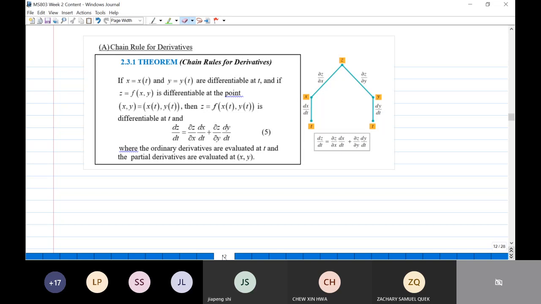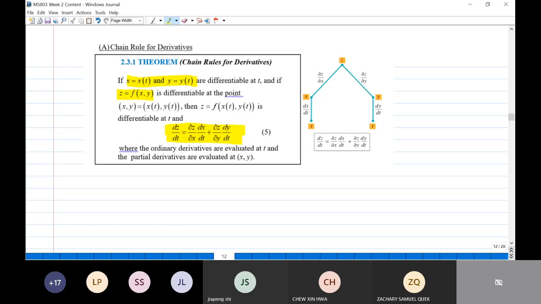This uses partial differentiation, and you can find the chain rule. This is the simple chain rule. z depends on x and y, x and y depend on time, then you get this. This is actually an extension of the usual chain rule.